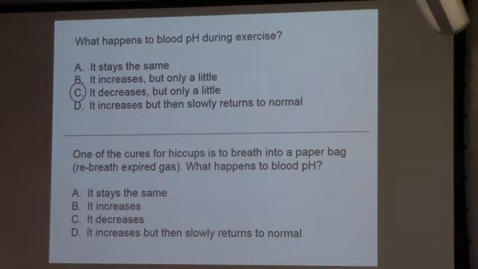It decreases a little bit. It stays the same or decreases a little bit. Exercise, lactic acid. We don't produce a lot of lactic acid, but we produce a little lactic acid. So pH decreases due to lactic acid production.